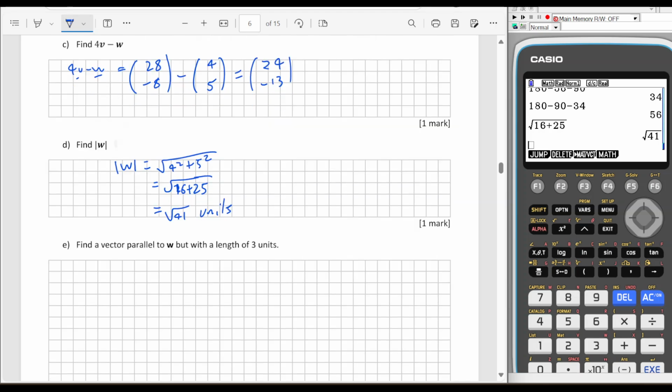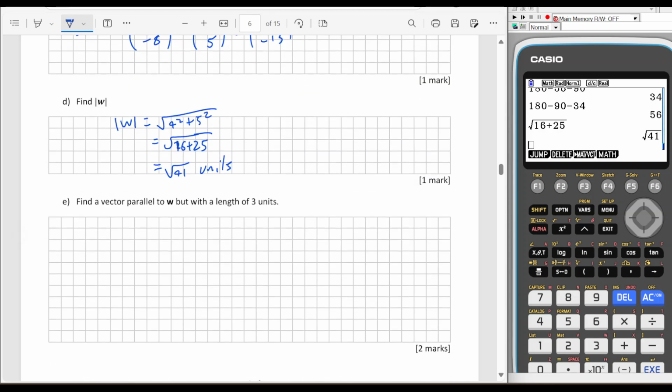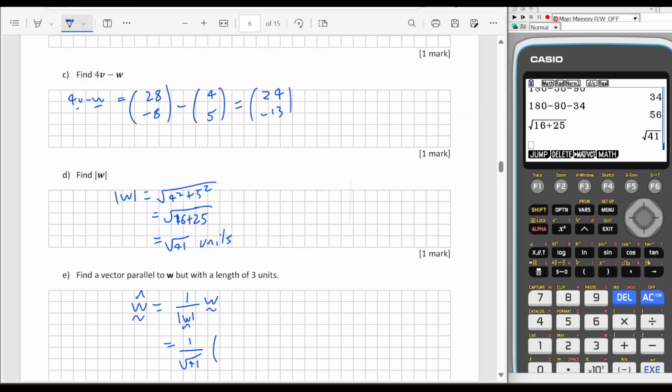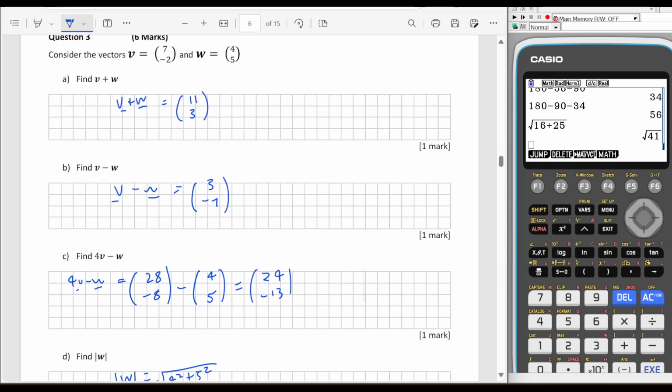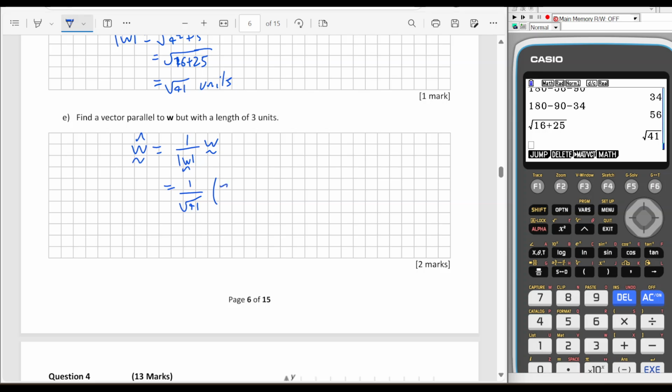We'd like to find a vector parallel to W but with a length of 3. So W hat is 1 over root 41. Well, I'll put out the formula first. 1 over mod W, which is 1 over root 41, times the original vector. I think it was 4, 5 for W. This is 4 over root 41 and 5 over root 41.